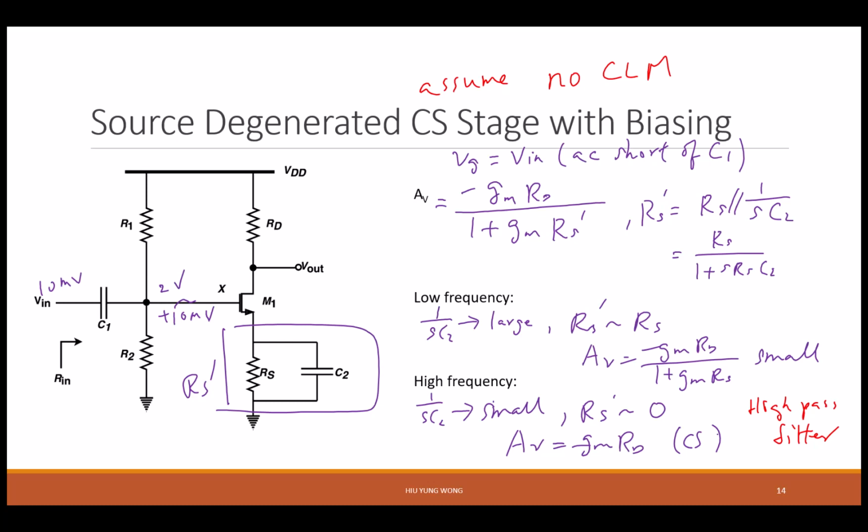Now, do I need to solve the small signal again? I don't have to. I just treat the whole thing as RS dash. Okay? But what is RS dash? Very good. RS parallel 1/(sC2), right? So we need to work in the frequency domain to make it easy, right?